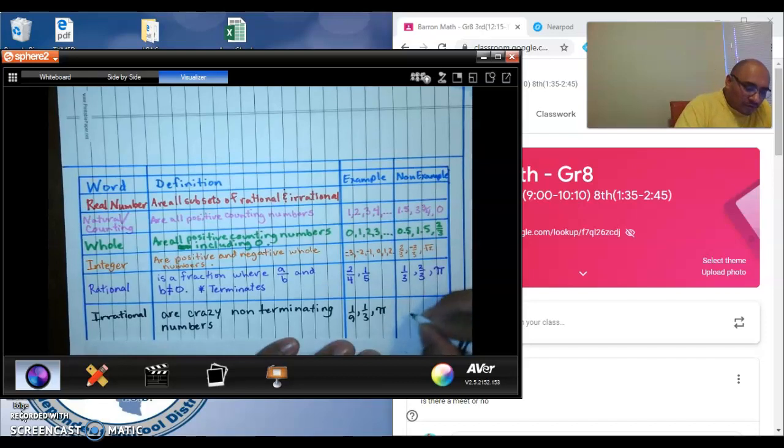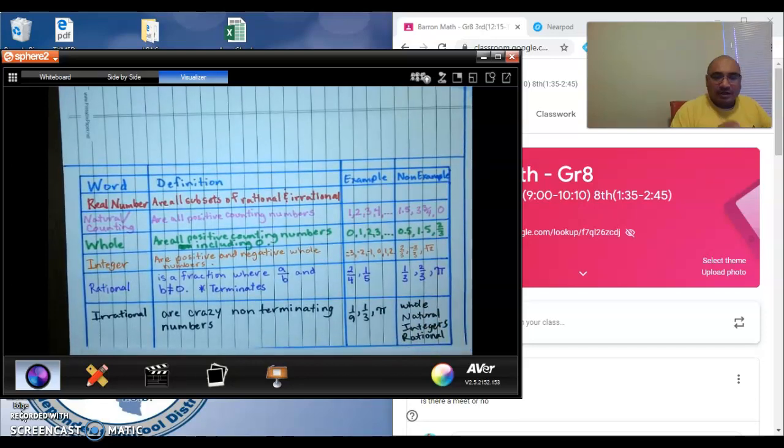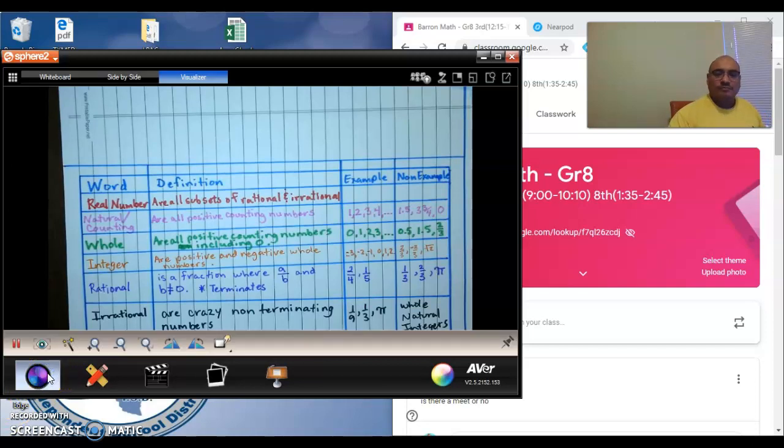So whole numbers, we could say natural, we can say integers, we could say rational. None of those are considered irrational numbers.